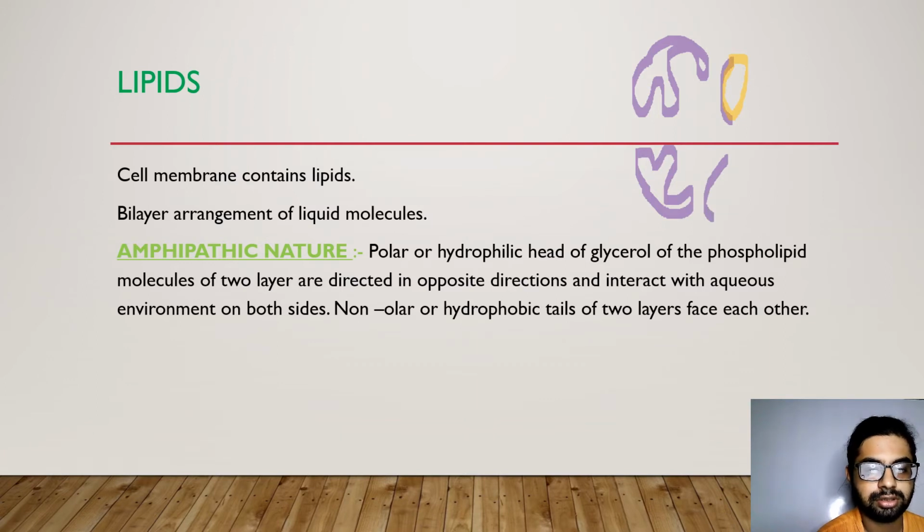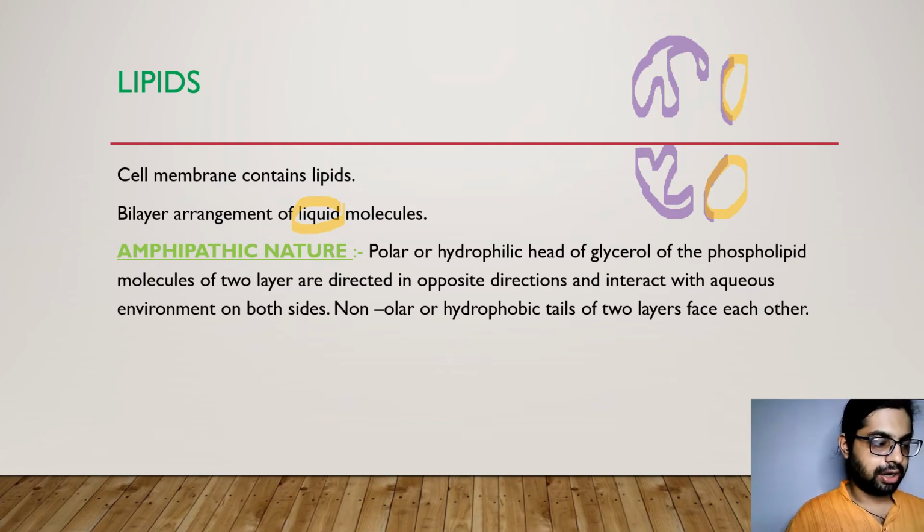Now, what are lipids? The cell membrane contains lipids. These purple colors are the lipids, in a bilayer arrangement of the lipid molecules. This is not liquid, this is actually lipid, sorry. So these are bilayered in nature.